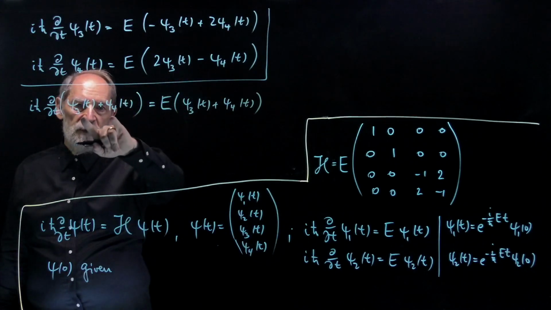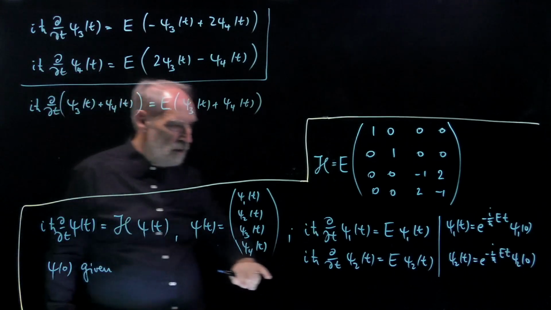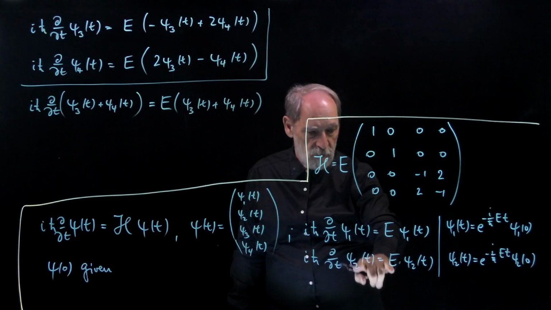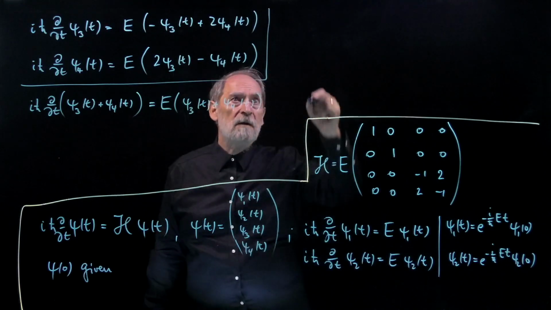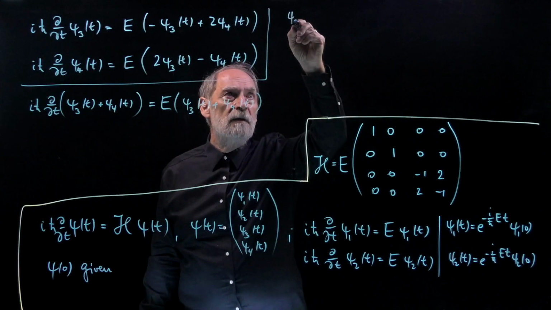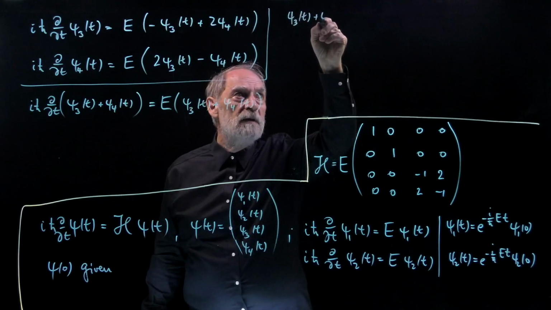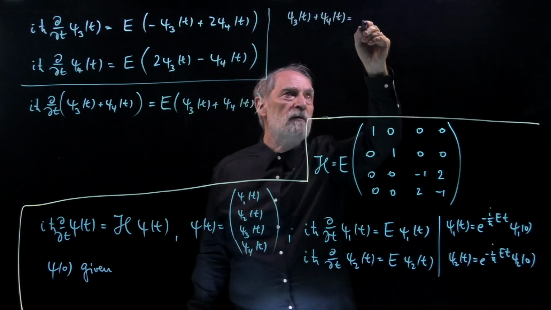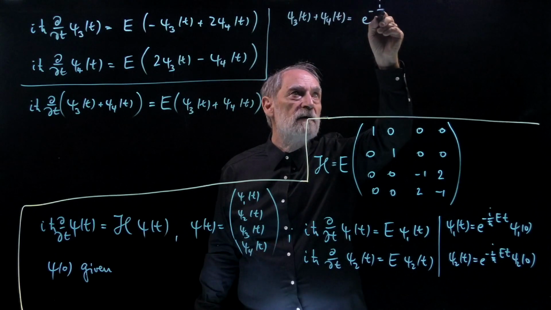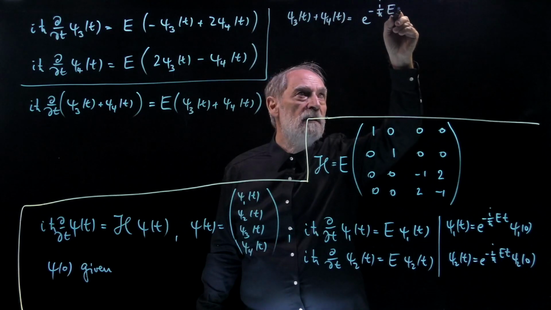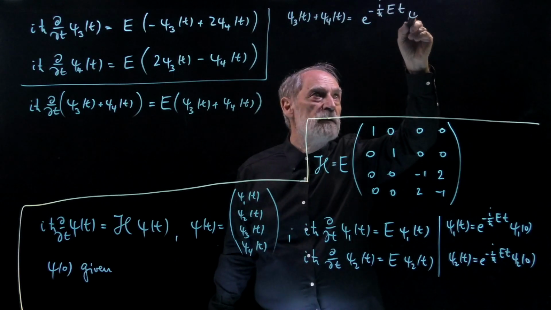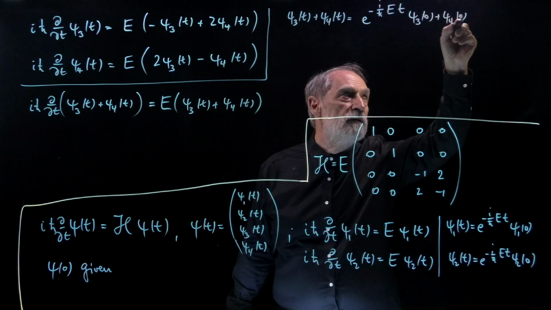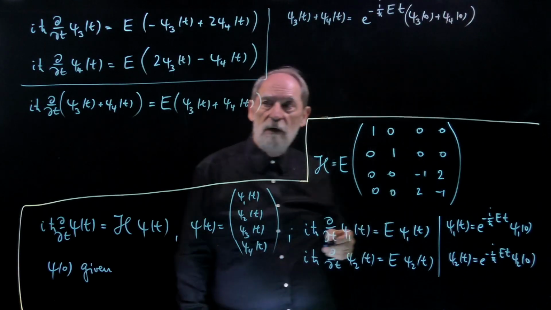So the sum of psi 3 and psi 4, that's exactly the kind of differential equation that we had for psi 1 and psi 2 before. So we find that psi 3 of t plus psi 4 at time t is equal to exponential of minus i over h bar E times t, and now it's psi 3 at 0 plus psi 4 at 0. Okay.